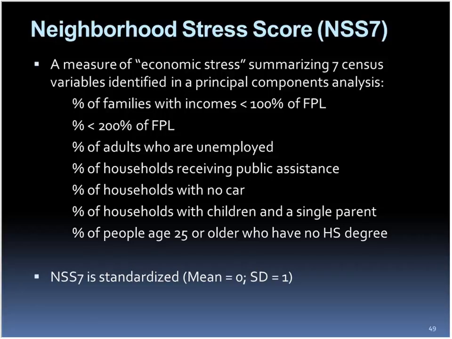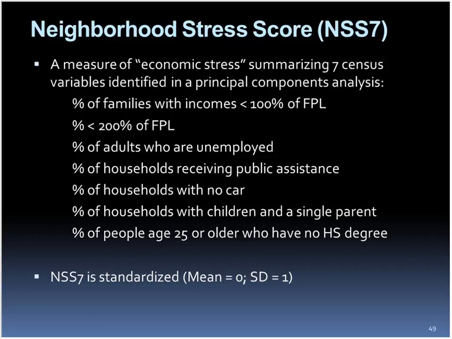So our neighborhood stress score, I'm not sure that this is the score that I want the whole world to use. We're actually going to rethink it a little bit in our version 1.1 that'll be coming up in a few months. But this worked pretty well. We have 7 variables that you can pick up from the census, and each of those variables we coded for each neighborhood in terms of standard deviation size steps away from average.